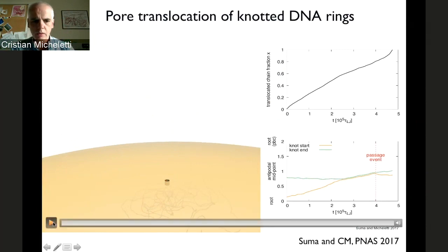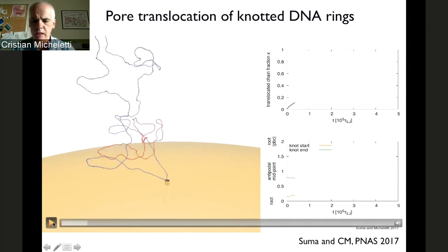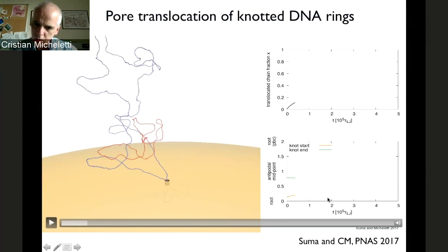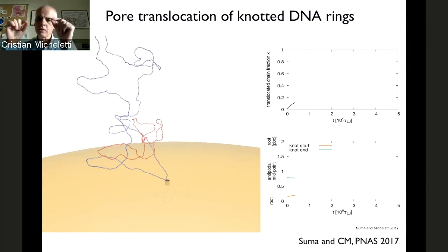So let me run it again and explain what you can monitor in the panels on the right. Essentially, the top panel tells you what is the fraction of the entire ring that has translocated as a function of time. So this reaches eventually 100% at the end of the translocation process. More interesting is what goes on in the bottom graph, where as a function of time, you see the location of the ends of the knotted region measured along the chain contour.